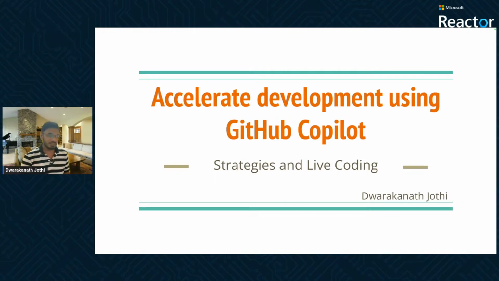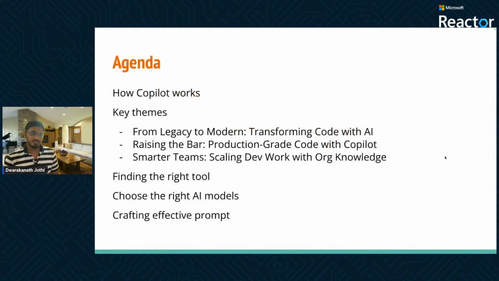So let's quickly look into the agenda for today. This is the high-level topics that I'll be discussing. One, very briefly on how Copilot works, and we'll be switching gears to discussing the three key factors which I feel are needed for taking that app from a legacy to a production with much more customization that we want to offer.